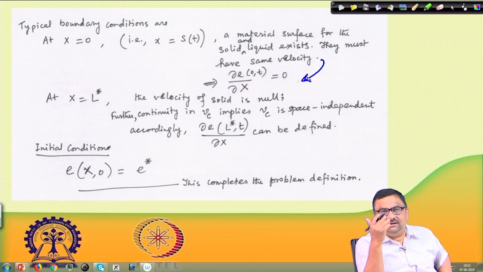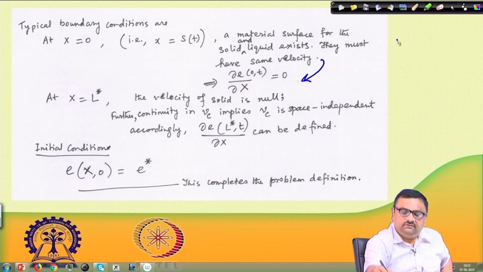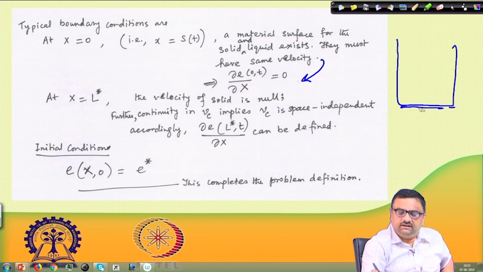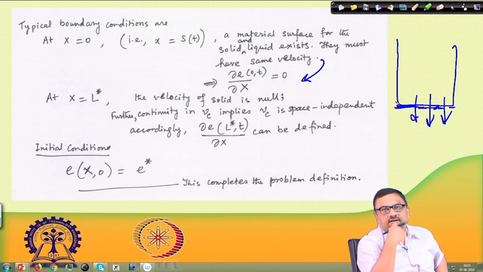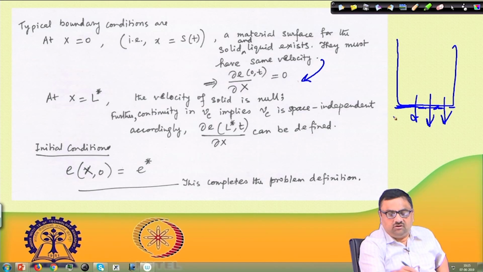Similarly, at x equal to L star, that means the end of it. This was the porous medium, and we had this strainer here through which the flow can take place. So, at this location the velocity of the solid is null, no solid can leave the system. And further we have a continuity in V c. So, the composite velocity, we said del V c del x equal to 0.